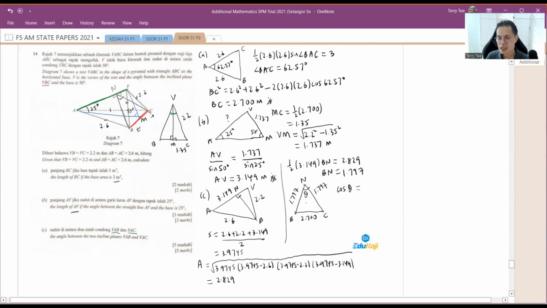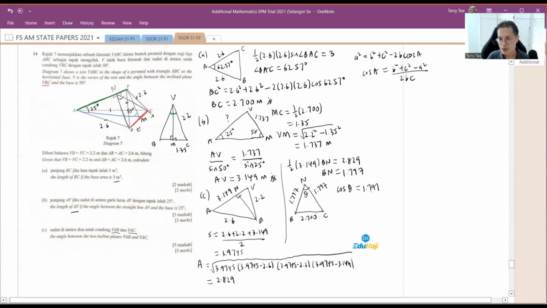Cos theta will be, this is another version of the cosine rule. We rearrange it. If you're not sure, a squared equals b squared plus c squared minus 2bc cos A. So I bring cos A over, take b squared plus c squared minus a squared, and divide by 2bc.